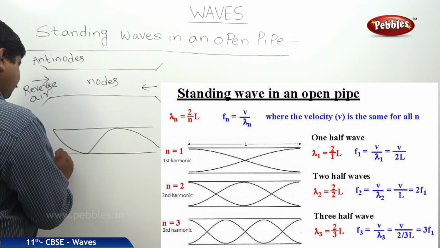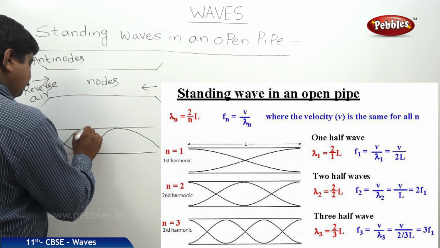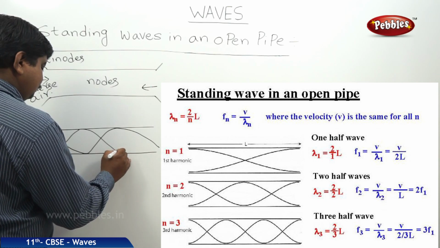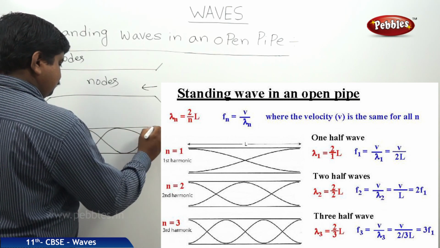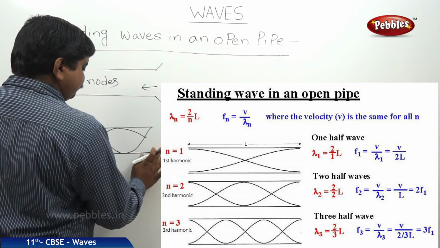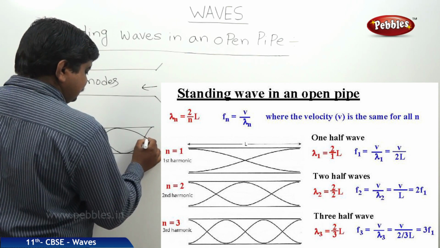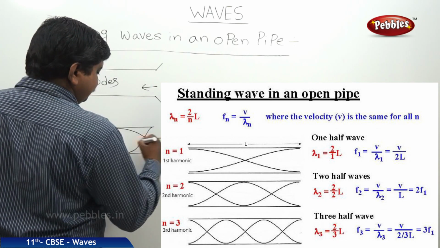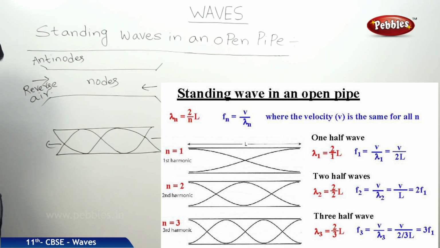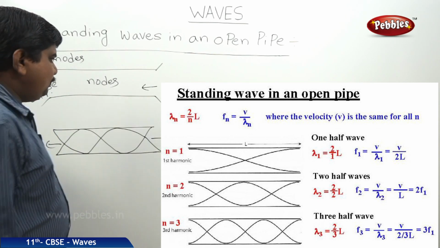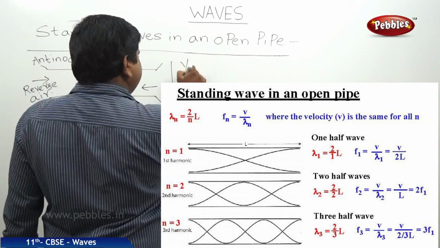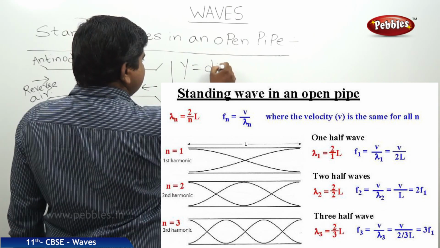This is one wave. This is another wave. So at the ends, we can assume the maximum amplitude. So the equation of the displacement y is equal to displacement.